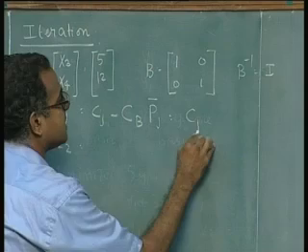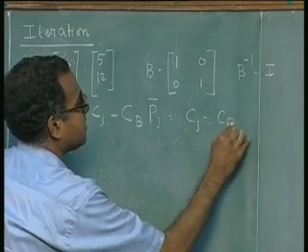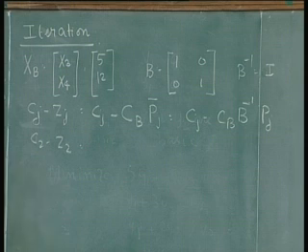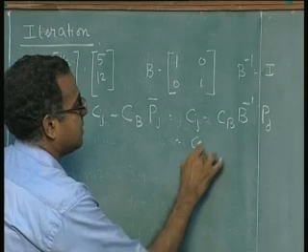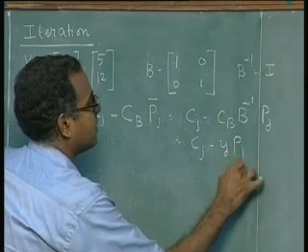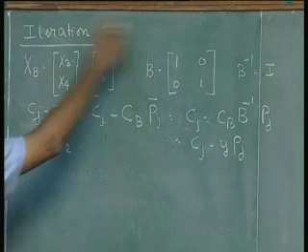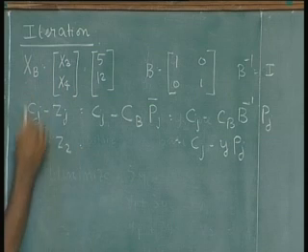This is Cj minus CB B inverse Pj. We now write CB B inverse as y, and we write it as Cj minus y Pj, where y is CB B inverse.